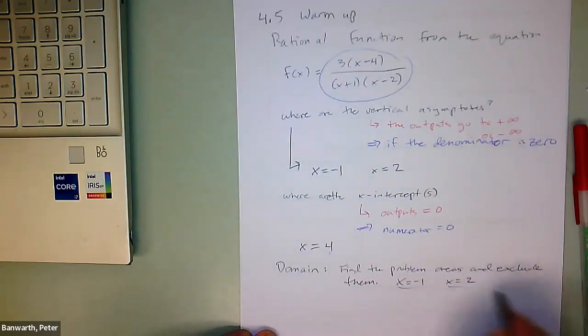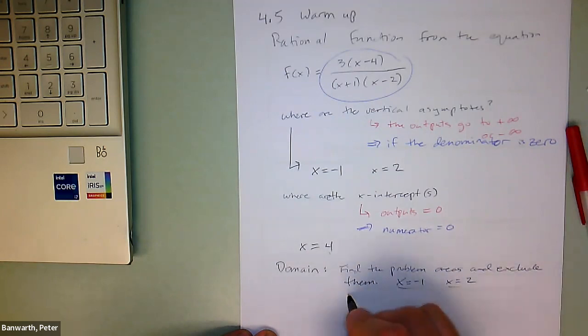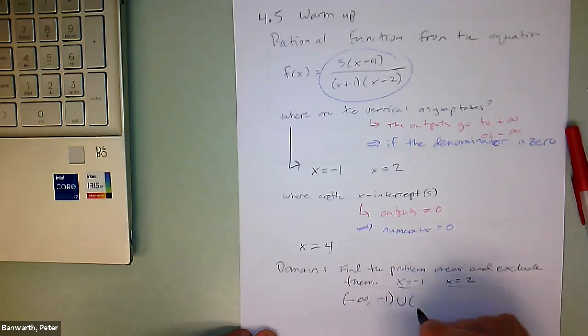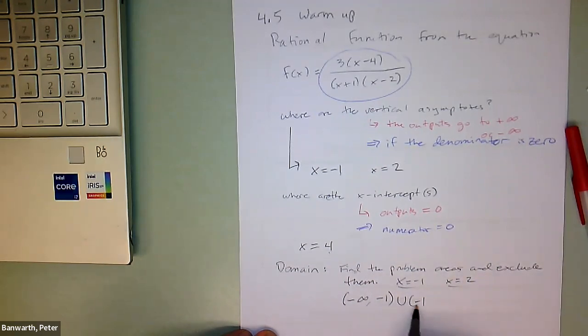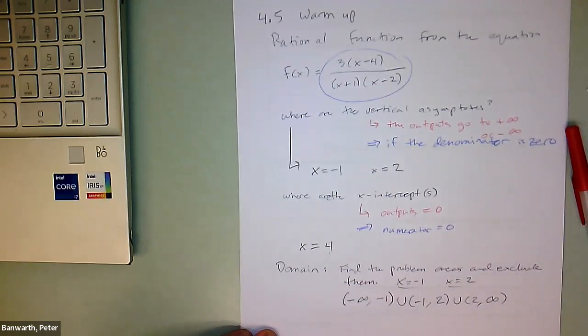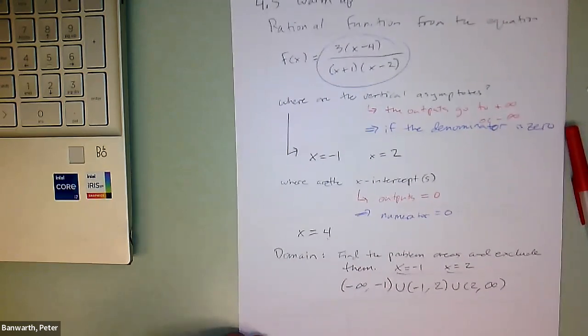So as long as I exclude those two values, everything else is fine. So if I were to write this in an interval, I can start all the way back toward negative infinity. I can go all the way up to -1, but I can't include it. So I cut it out. That's what I think about when I see this term, is I'm cutting out the -1. And then I can go up to 2, and I cut out the 2, and then I can go all the way out towards infinity.